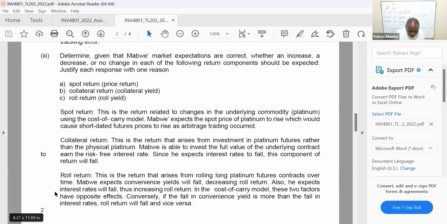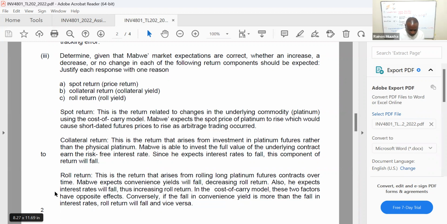Then, in the cost of carry model, these two factors have opposite effects. Conversely, if the fall in the convenience yield is more than the fall in the interest rates, the raw return will fall and vice versa.